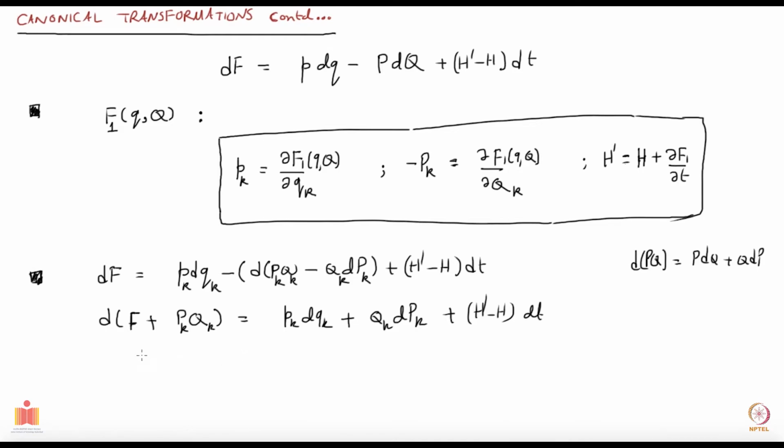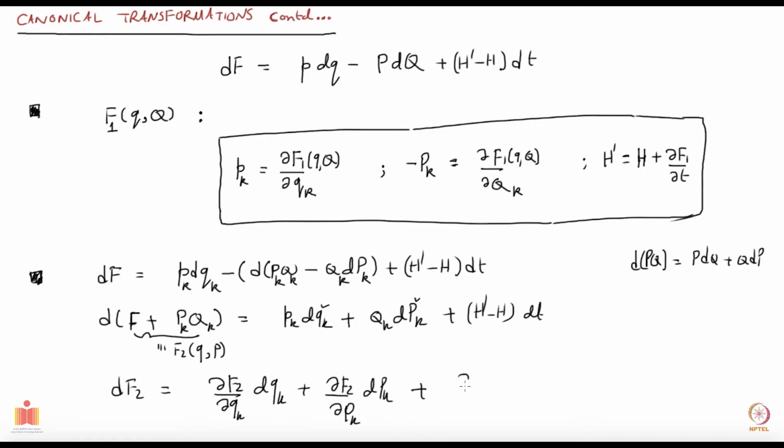So with this I can write f2, and f2 will be a function of small q and capital P. So I get df2 is equal to this quantity, and because it's a function of q and P, I can write generally del f2 over del qk dqk plus del f2 over del capital Pk dPk, plus if there are any time derivatives it will have this term also.